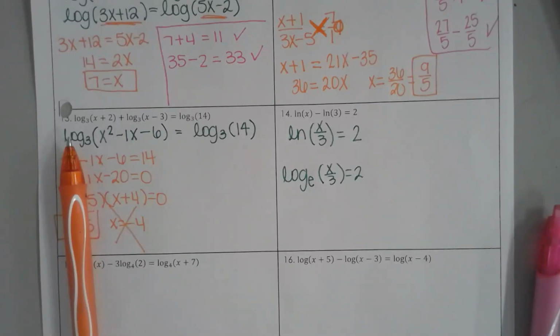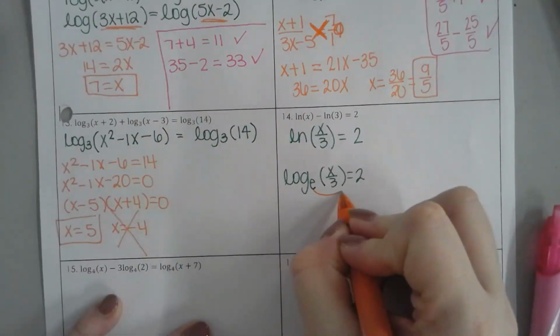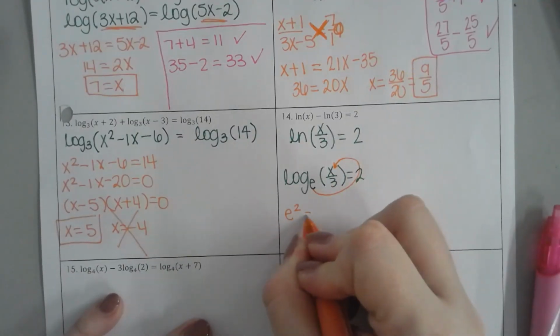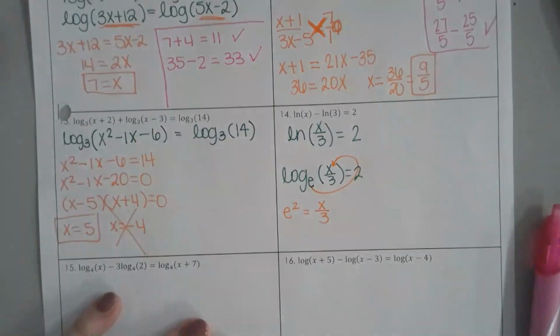Do you remember what I do to solve this for x from yesterday? Convert it. Do your swirl. So this is e to the second equals x over 3.